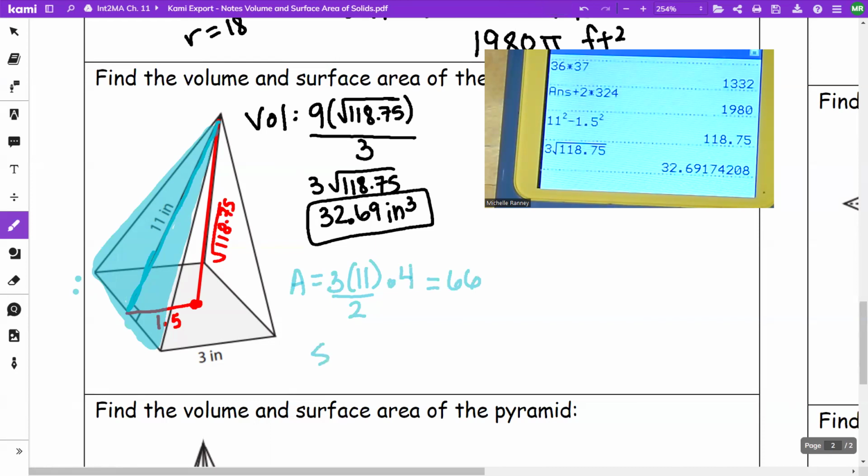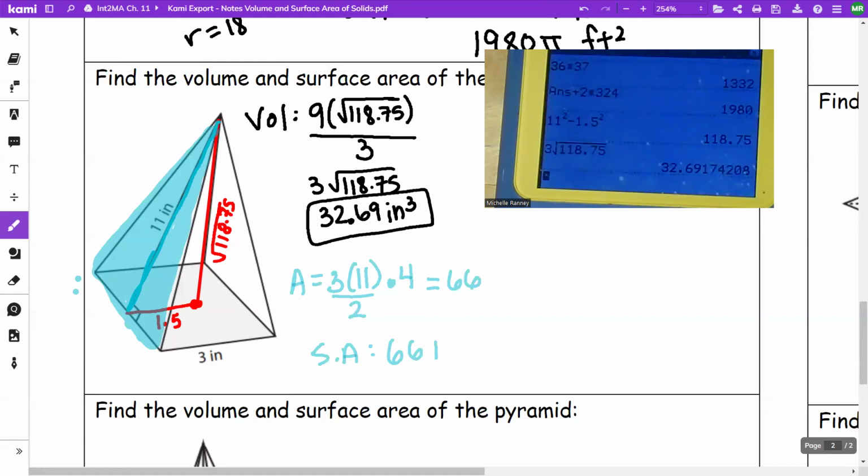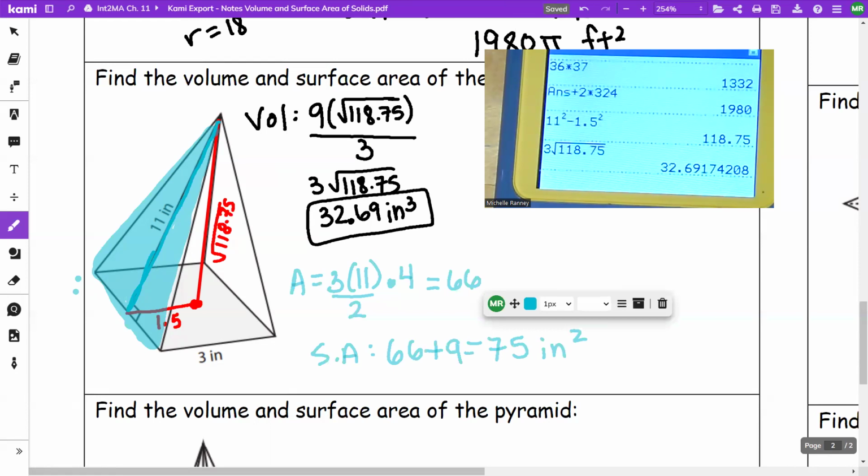So my surface area is going to be the 66 for the 4 triangles plus the 9, and that's going to give me 75 inches squared, because this is units squared. And that's going to be my surface area.